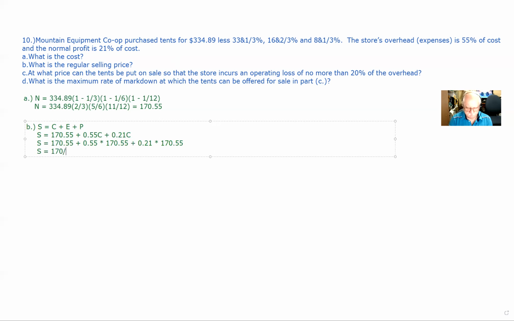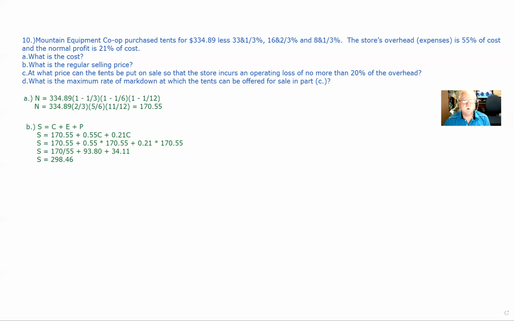Equals 170.55 plus, and what did we get there? 93.80. And for the profit, we got 34.11. So S equaled 298.46. So that would be our regular selling price right there.